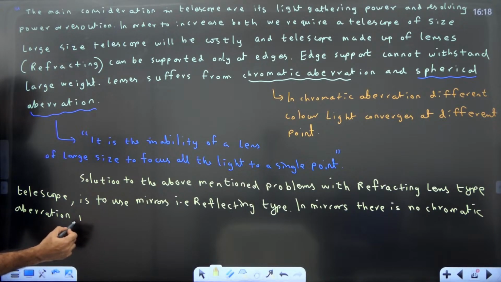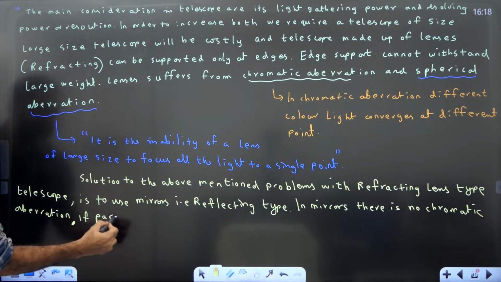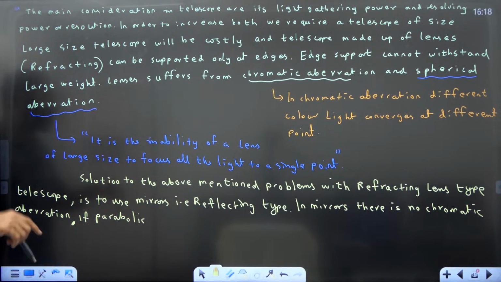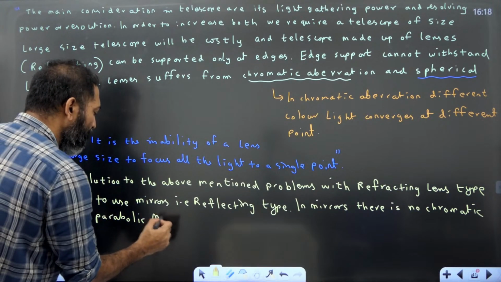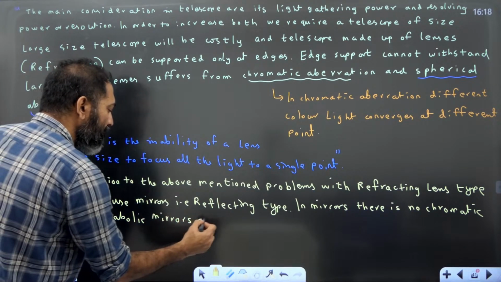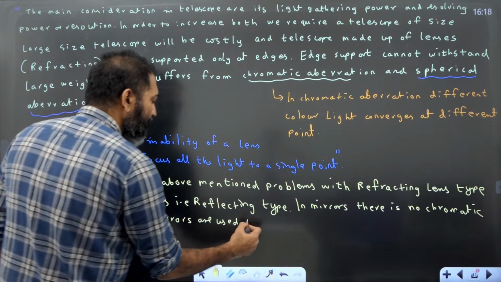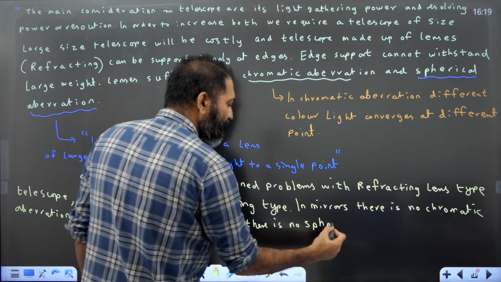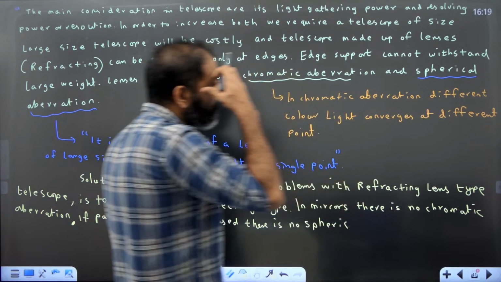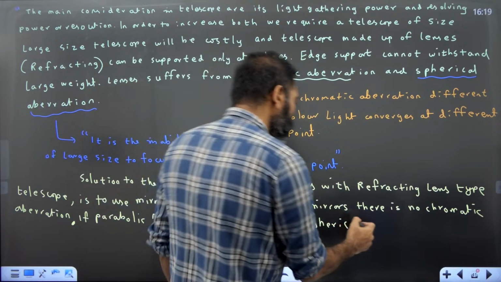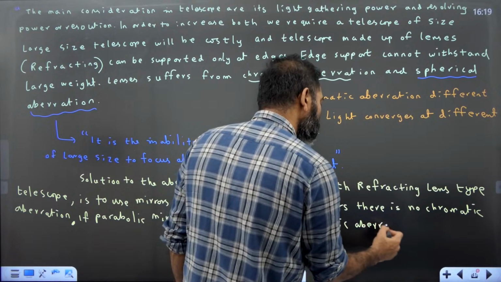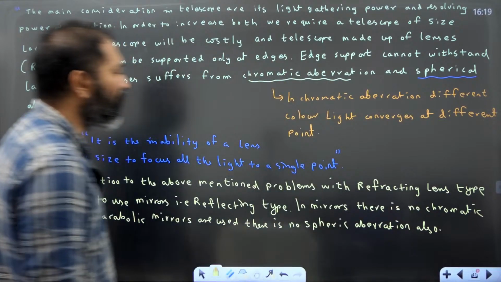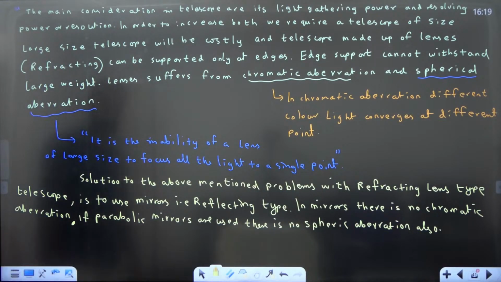If parabolic mirrors are used, we have seen how to minimize spherical aberration, use parabolic mirrors. If parabolic mirrors are used, there is no spherical aberration also. That is in the case of mirrors.